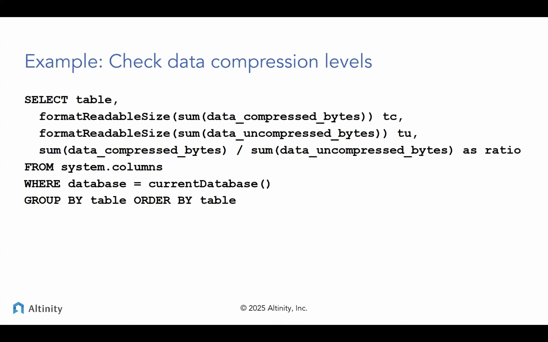That gives me an overall summary of my compression ratio for each table in the current database. So very simple. If you see something you don't like, you can tweak it, add a codec, for example, and then run this again to see what the effect is.